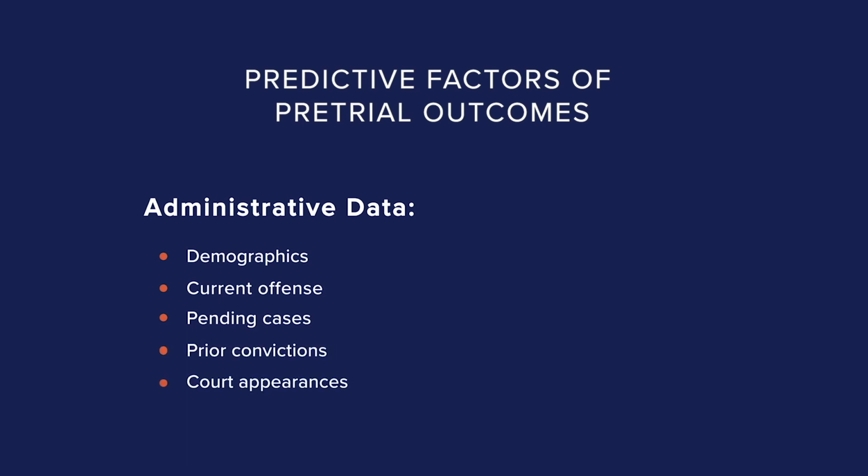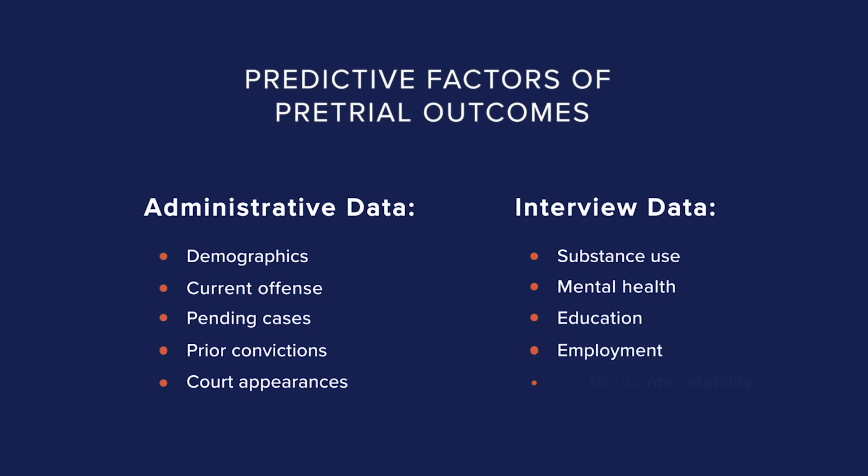The researchers also tested factors that depended on an interview, such as substance use, mental health, education, employment, and residential stability. They tested for the outcomes that are traditionally used in pretrial risk assessments: failure to appear pretrial and new pretrial criminal arrest.